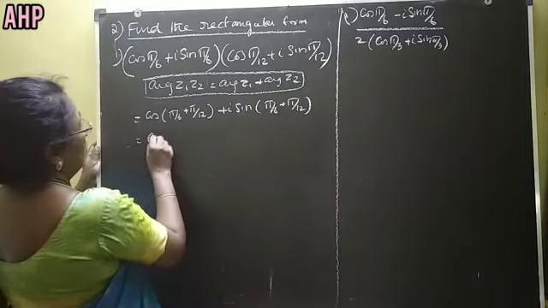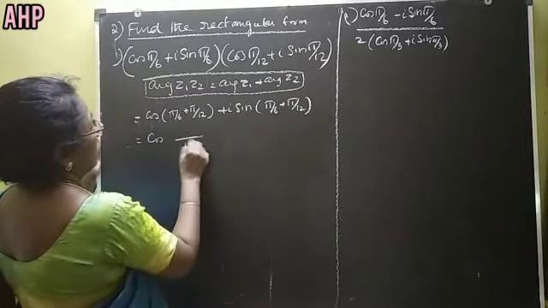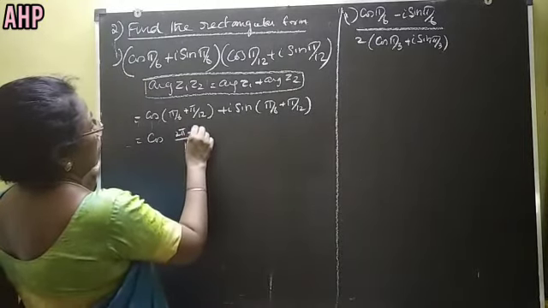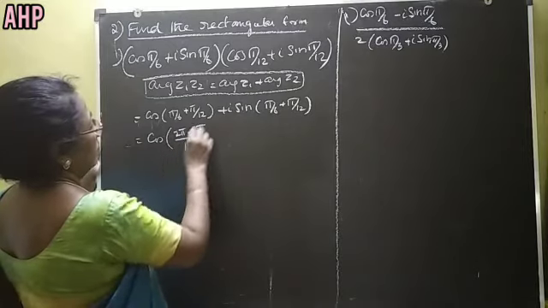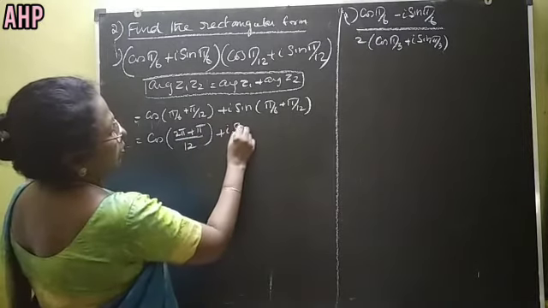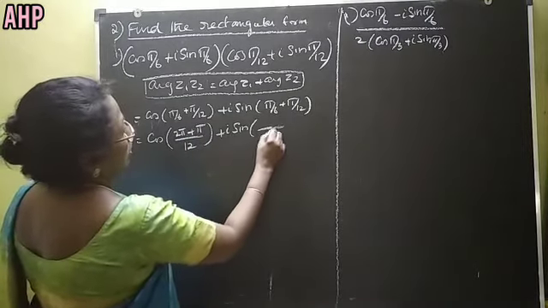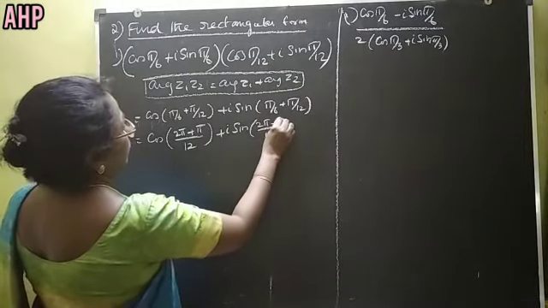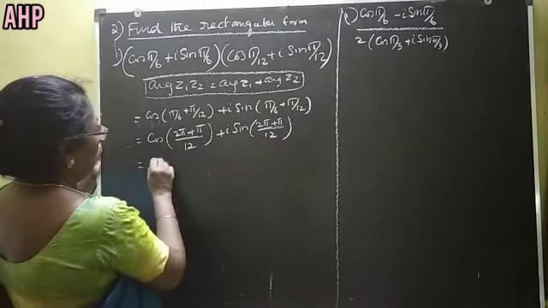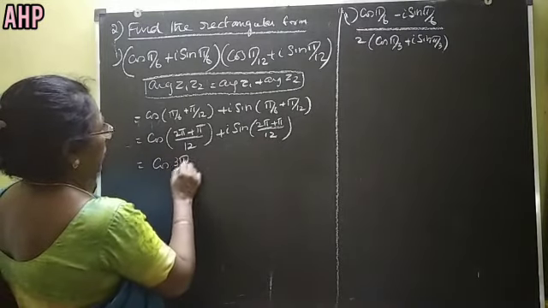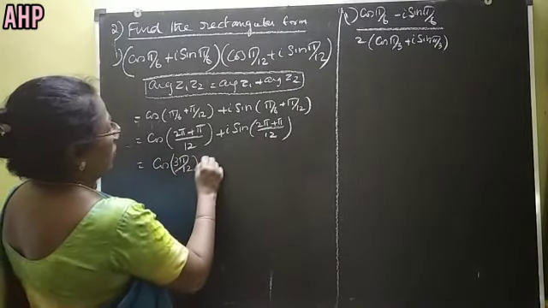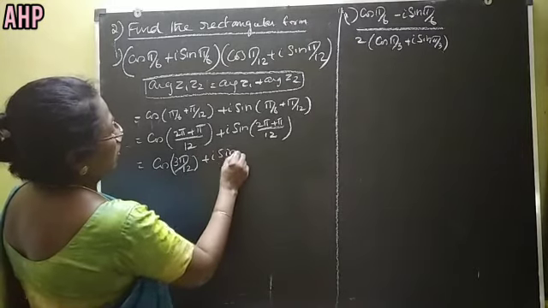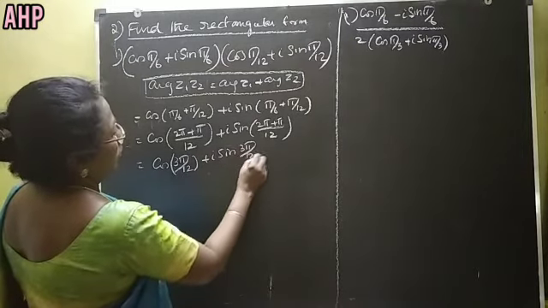Taking 12 as the LCM, this is equal to cos 3 pi by 12 plus i sin 3 pi by 12.